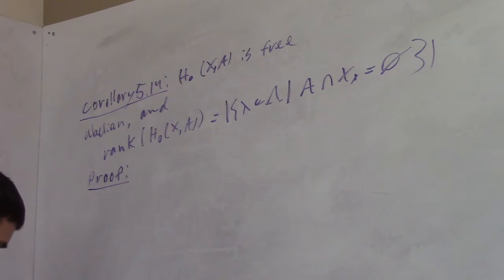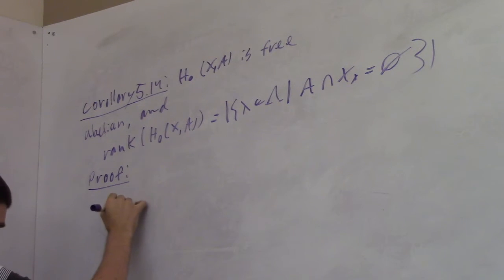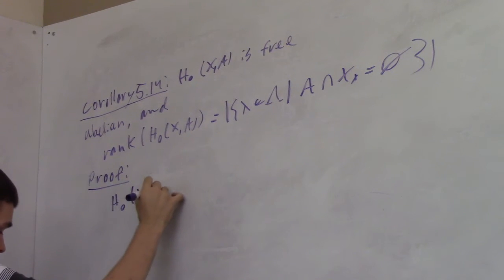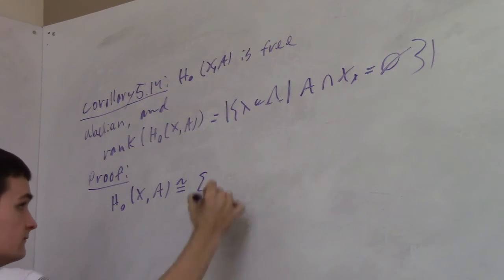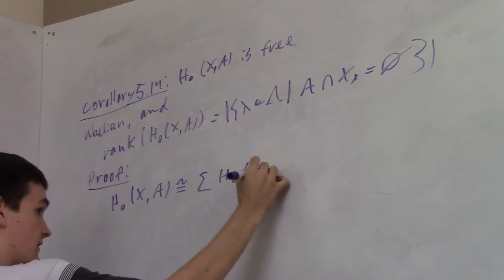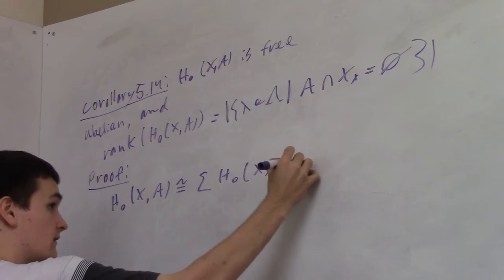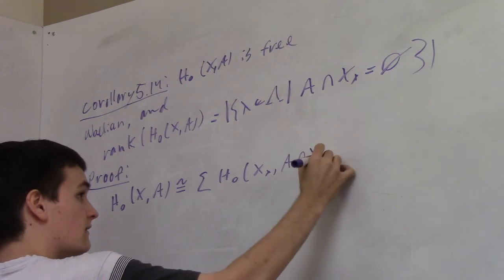So proof here: by the theorem we just proved, H naught of x comma a is isomorphic to the sum over H naught of x sub lambda, a intersect x sub lambda.